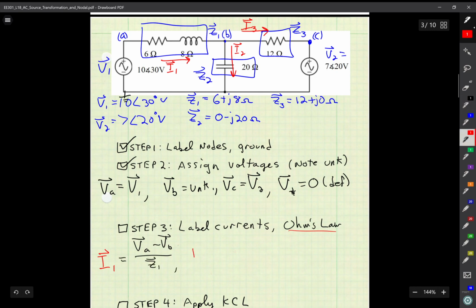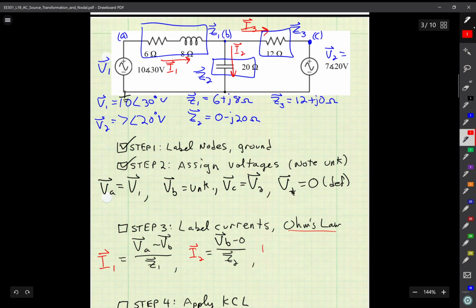And I2 is equal to the voltage at B, so it's going from the node B to the ground, so that's VB minus 0, divided by Z2.